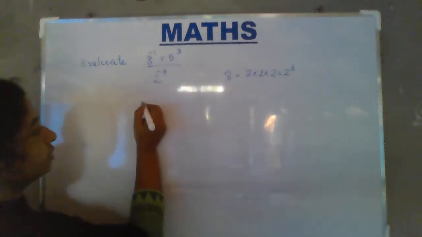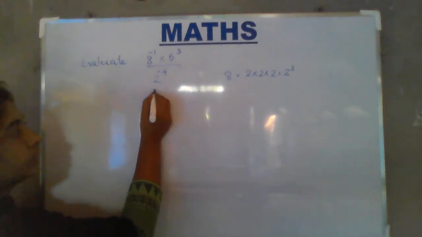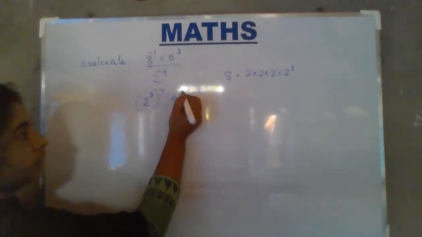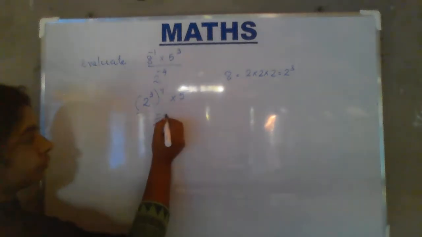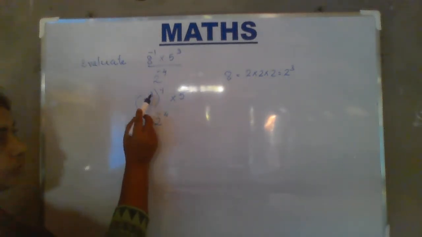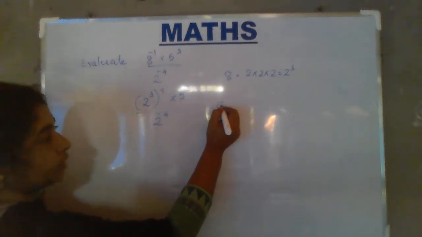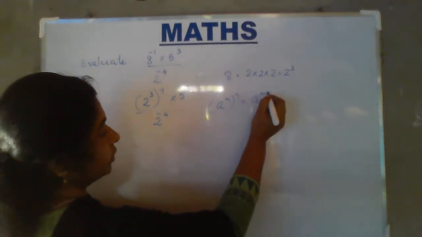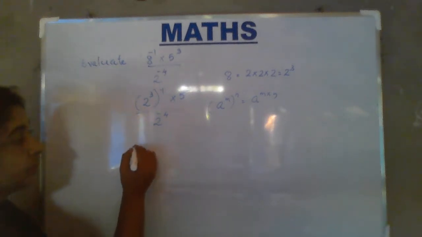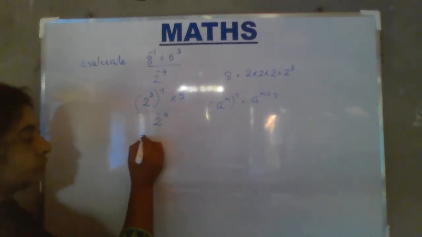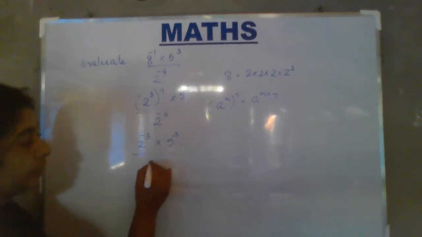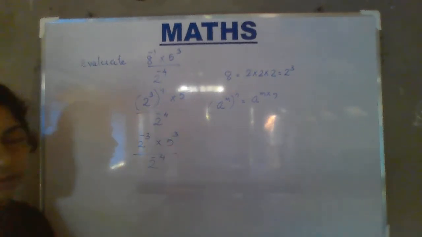So we can write this as (2 raised to 3) whole raised to minus 1 into 5 raised to 3 divided by 2 raised to minus 1. Now (2 raised to 3) whole raised to minus 1, that is (a raised to m) whole raised to n, is a raised to m into n. So 2 raised to 3 into minus 1 is 2 raised to minus 3, into 5 raised to 3, divided by 2 raised to minus 4.